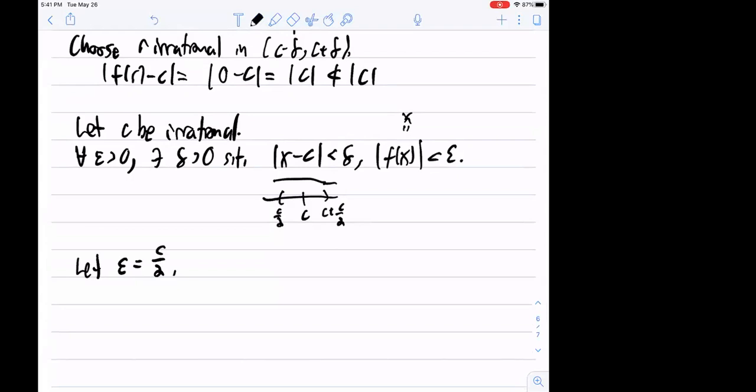My x is close to c, so my f of x is close to c. If I choose epsilon to be some number away from c, like c over 2, and I choose x close enough to c, then f of x is bigger than c over 2. So that's the idea.